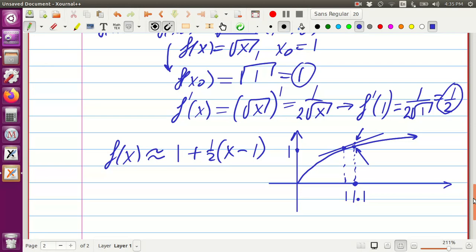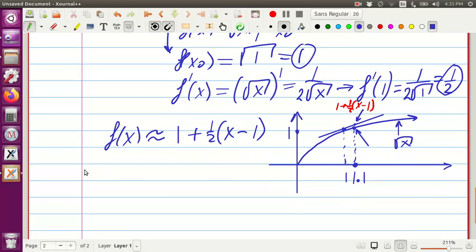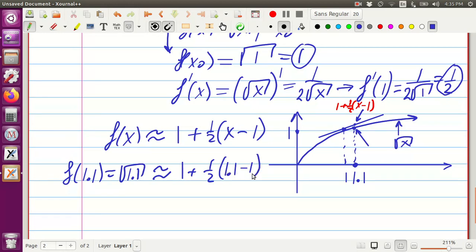All right, so again, this line is 1 plus 1/2 times x minus 1, and this curve is the square root of x. So what would be f of 1.1, which is the square root of 1.1? It would be approximately equal to 1 plus 1/2 times 1.1 minus 1.